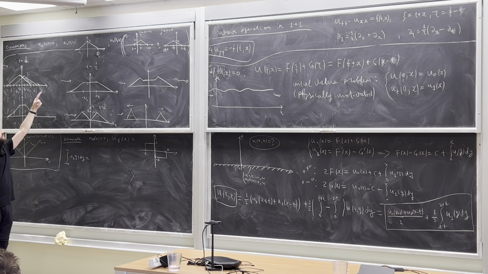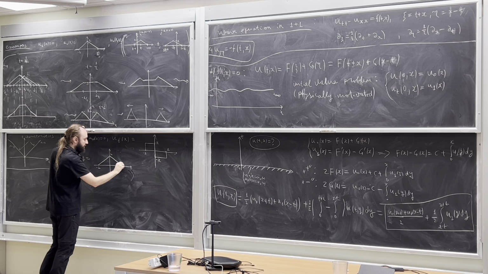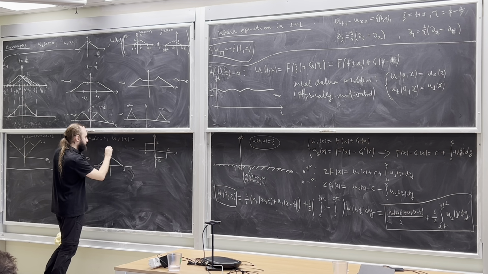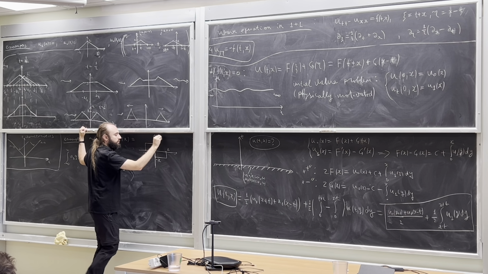And maybe we can put here -2 and 2 to simplify computations. Is it clear that it has this shape?